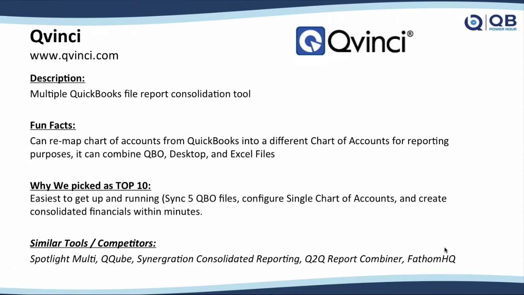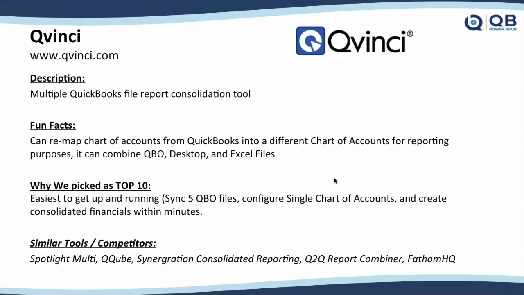Now, there's another huge contender in this category called Fathom. Fathom itself has better looking reports, has more KPIs. Actually, QVinci, in my opinion, is really dull in all the other aspects of reporting except for consolidation. You look at QVinci and you're like, it looks like an older app, but it consolidates so fast, so quick.